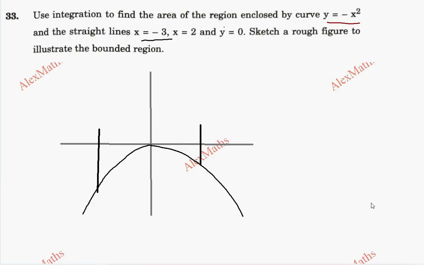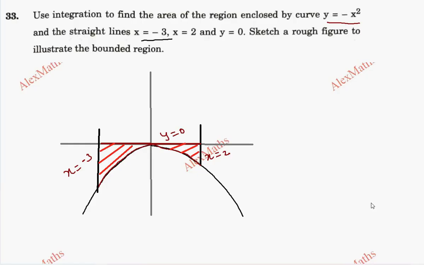And y equal to 0. So it means the x-axis, this is y equal to 0. Then this is x equal to 2, and this is x equal to -3, and this is the parabola. So the area enclosed by all these things we have to find, which is nothing but this region and this region.